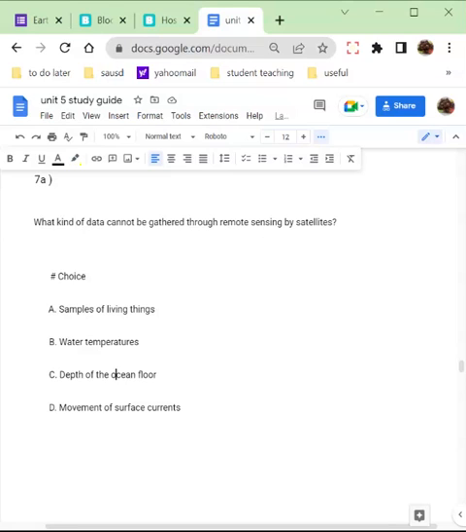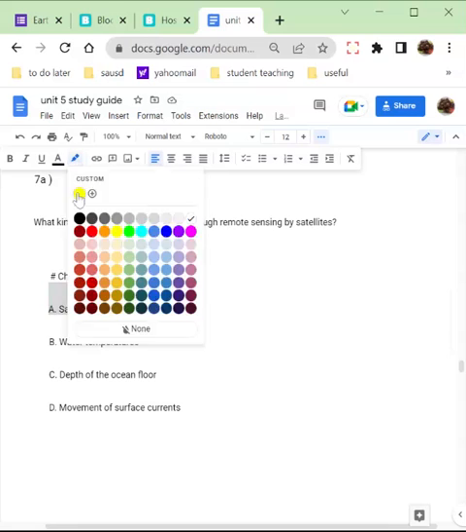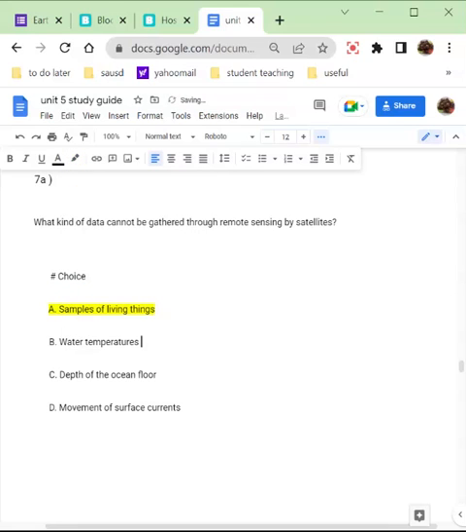They can track the depth of the ocean floor, the movement of surface currents, and they can gather data on the water temperature, but they can't grab a sample of living things. And that's not ethical either. We don't need a sample of living things.